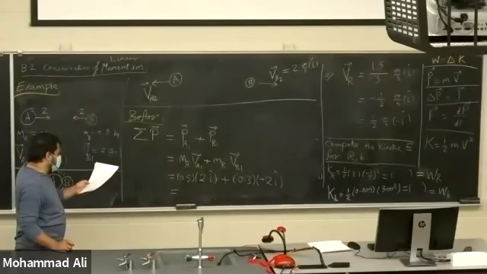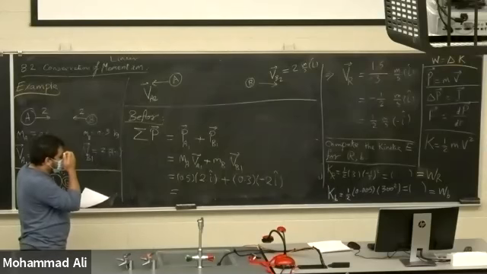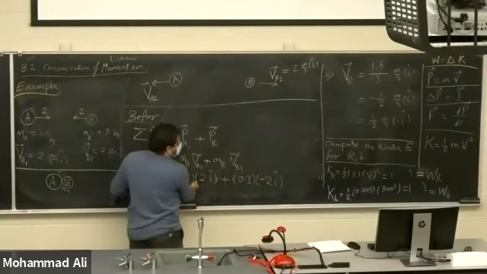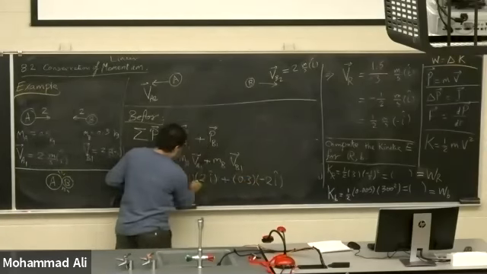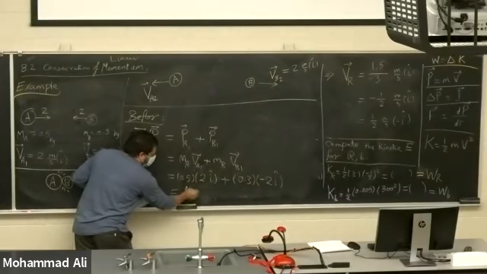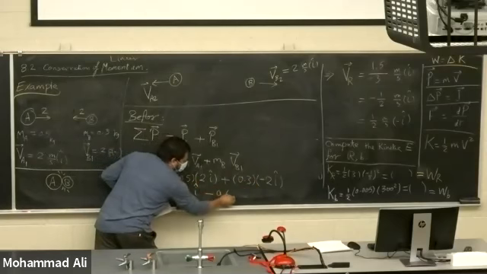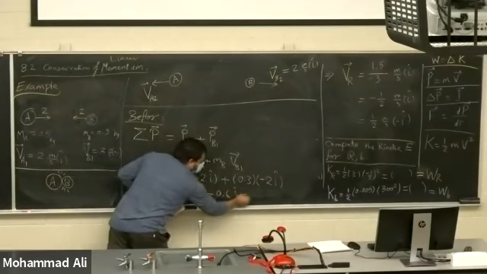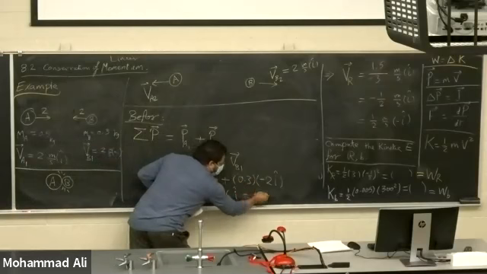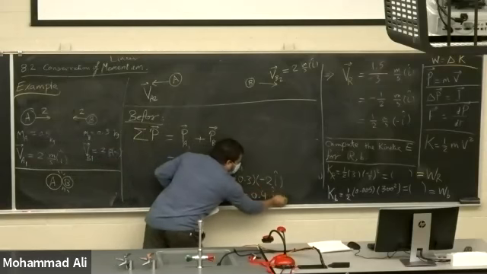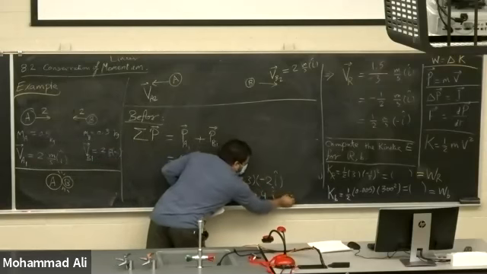So P initially is equal to 1 I hat minus 0.6 I hat, which is equal to 0.4 I hat kilogram meter per second.